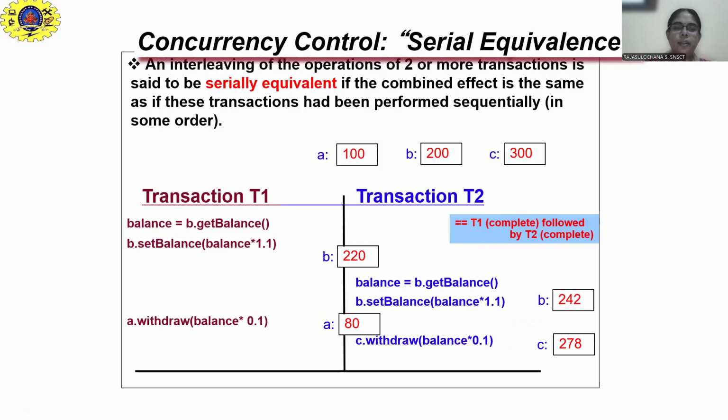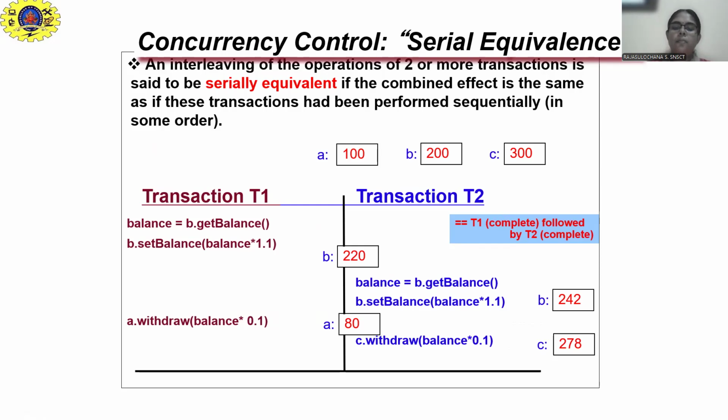Now T1 is trying to get the balance of account B. It is 200 rupees, and the balance is updated by balance times 1.1. Now it becomes 220. So transaction T1 is completed, and then it is followed by transaction T2.